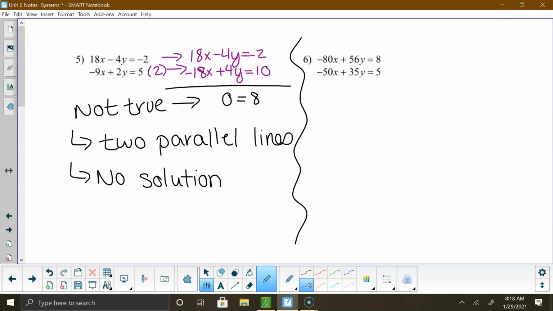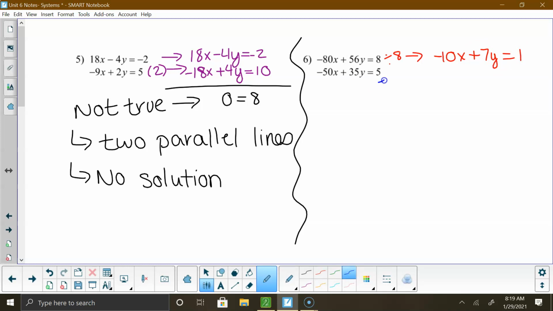So if I'm looking at this one, you can actually divide on some of these too. See how these numbers are kind of huge? All right, could I pull an 8 out of everything on top? So divide by 8, that gives me negative 10x plus equals 1.